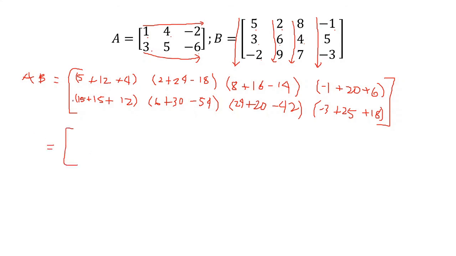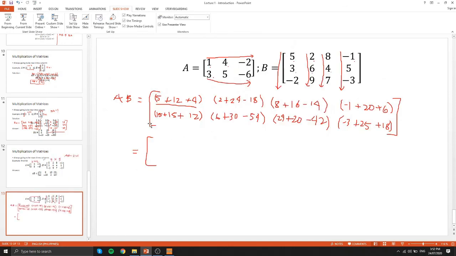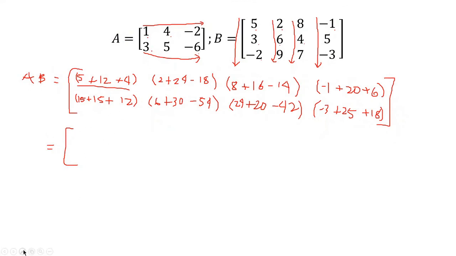Okay, so 5 plus 12 plus 4 is 21. And kani, 2 plus 8 is 10. Then kani, 25.